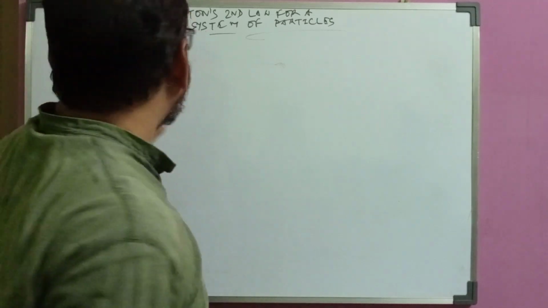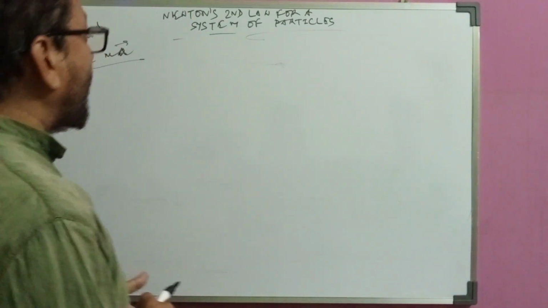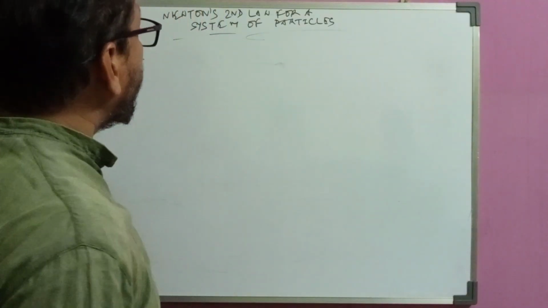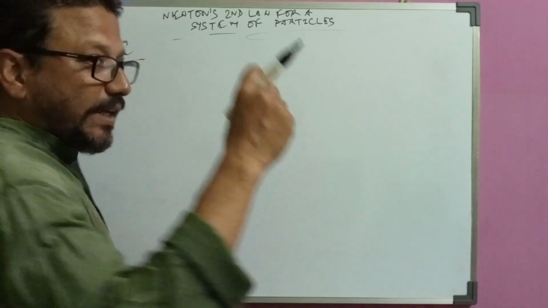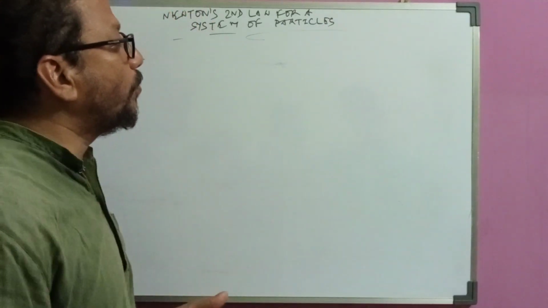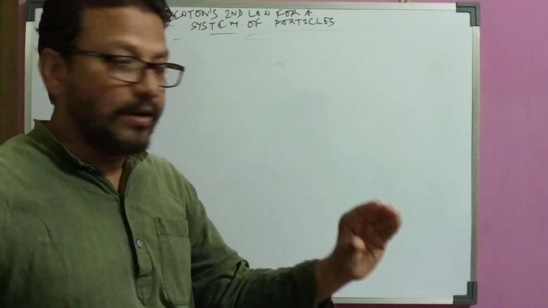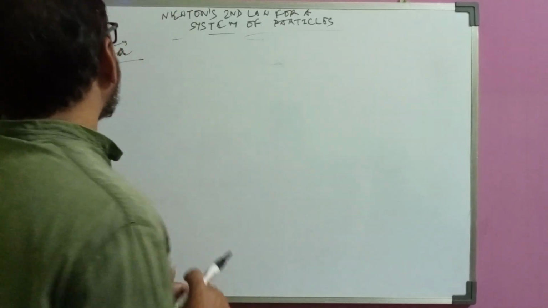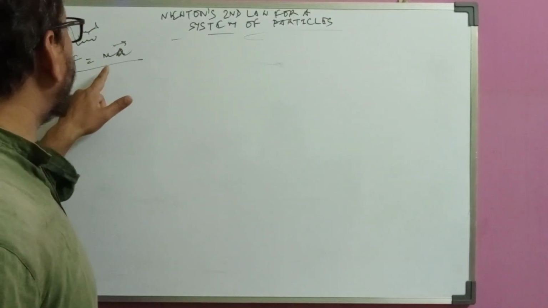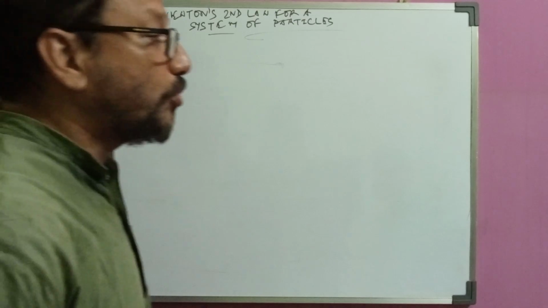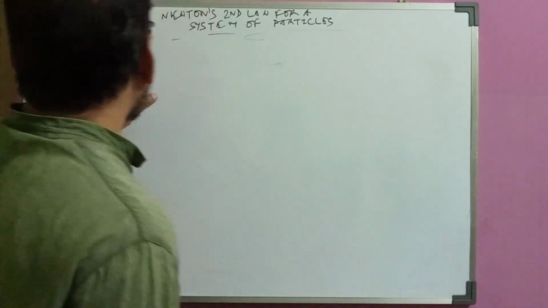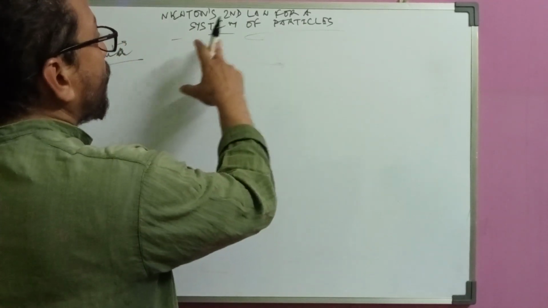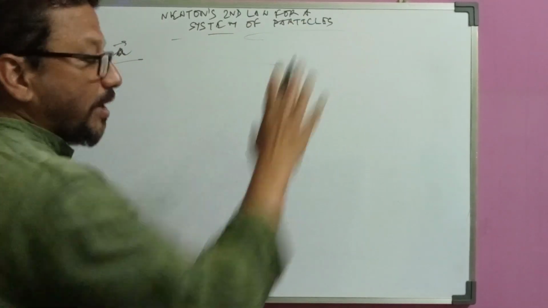Now the question is, what is F net? Now we will learn what F net is. We'll do the forces, the mass, and the acceleration. Three parts. So we can write three postulates, or you can understand from Newton's second law of motion, on the system of particles.